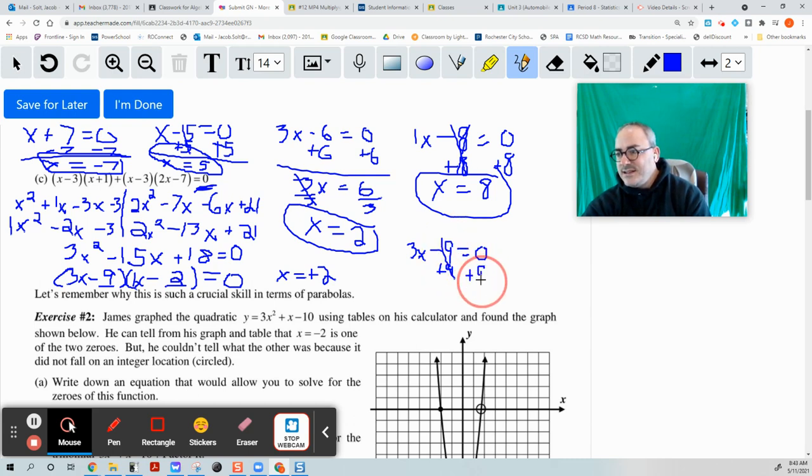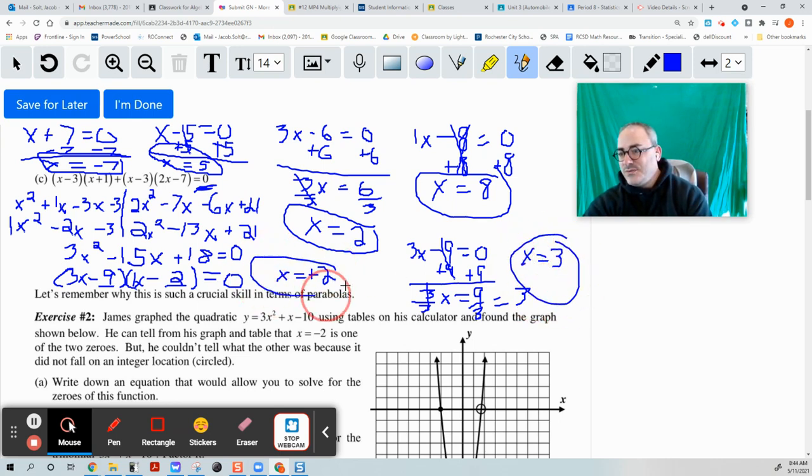Add 9 to put that 9 over there, which would give me 3x equals 9. And I would divide by 3 on both sides. So x is going to be 9 over 3, which is just equal to 3. So x is equal to 3, or 2.